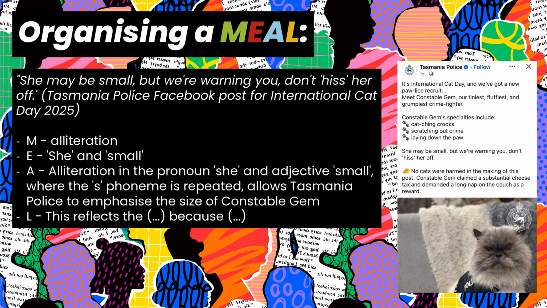Now, it's really important when we're presenting meals, particularly for essays, that we give context to our examples. So in this E step within the meal, we not only have to say which part of the sentence we're going to be analysing, but we also have to signpost that this is a Facebook post from Tasmania Police for International Cat Day, talking about their new cat constable, Jem, who's pictured here.